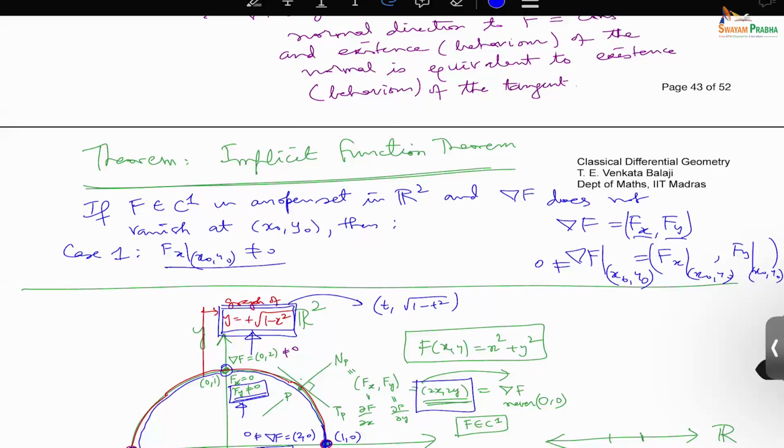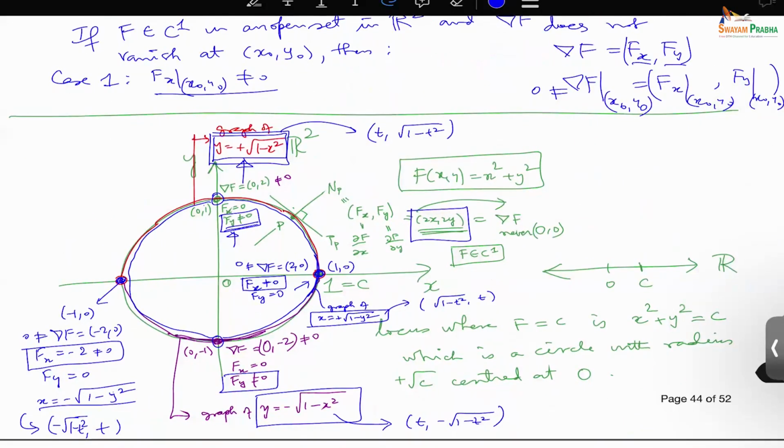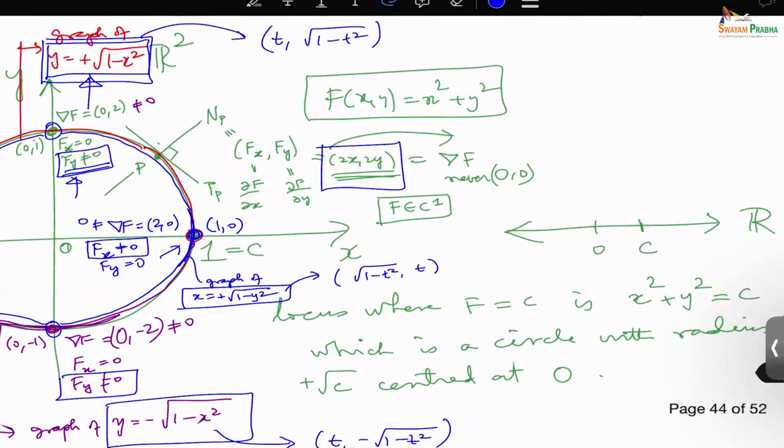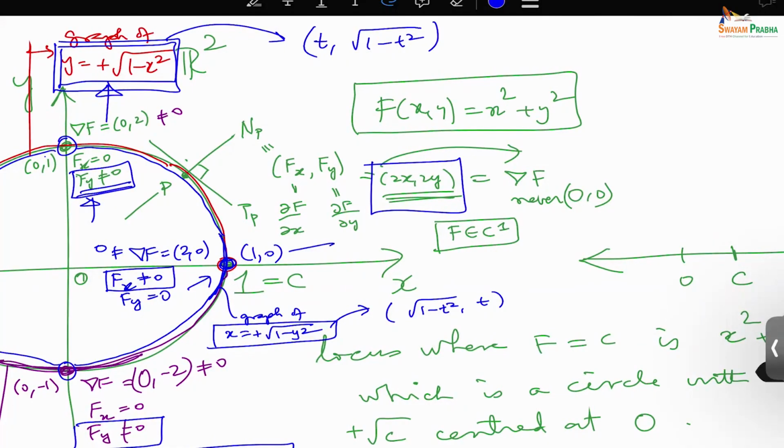Okay, so what happens if fx is not 0? Look at what's happening at 1 comma 0. At 1 comma 0, fx is not 0, and you are able to write x as a function of y. The portion of the curve, the locus, is actually the graph of that function.